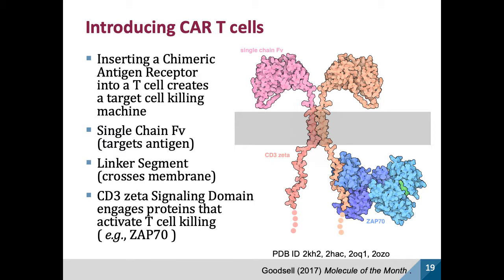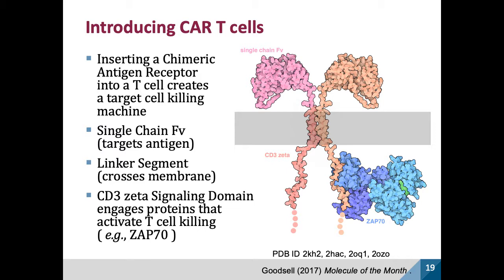And the preferred vehicle here is actually a single chain Fv fragment. I showed you those earlier, and those would occur as a pair. There would be a transmembrane portion, a linker segment, that crosses the cell membrane and induces the dimerization here.